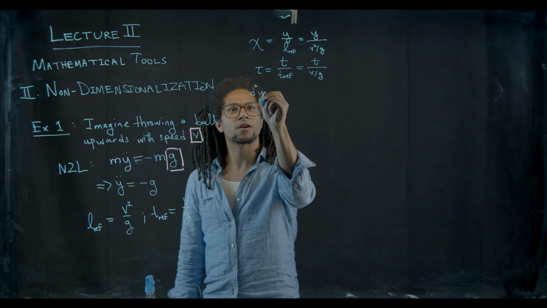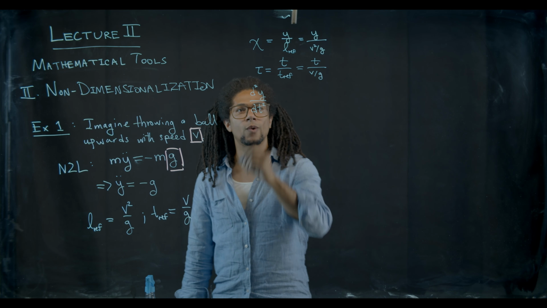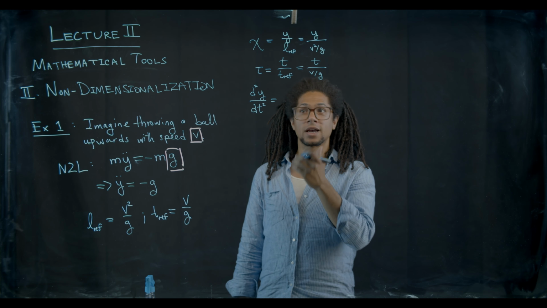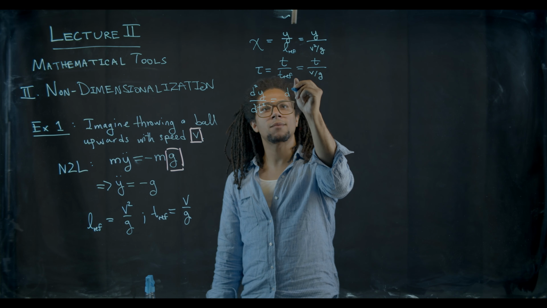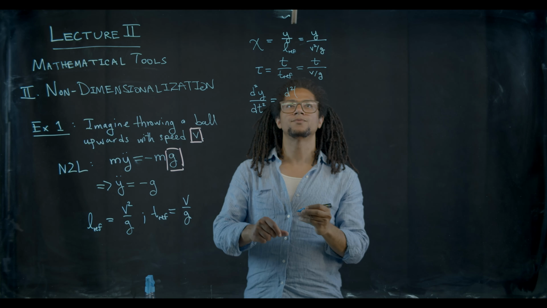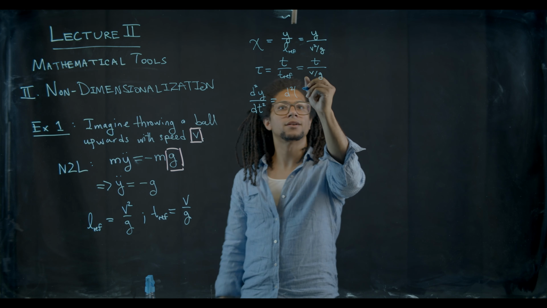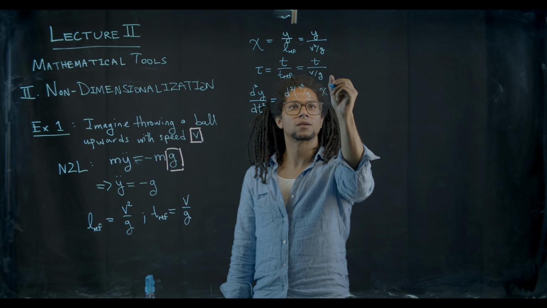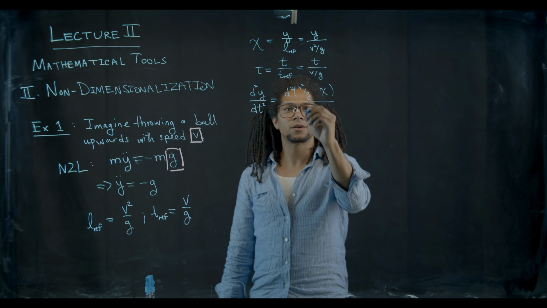I have on the left-hand side originally d squared y dt squared. And because I can write this in terms of constants, I can make my life actually quite easy. This is the same as d squared of, well, what is it? V squared over g times chi, and then it's d t squared.